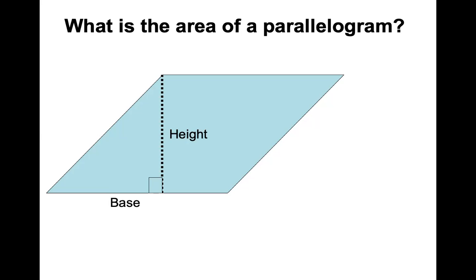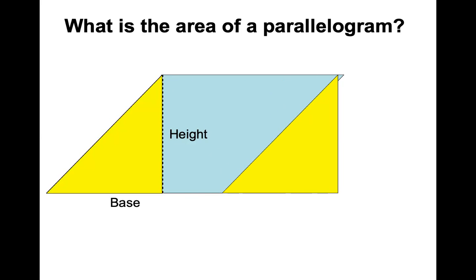What do you typically do with dotted lines if somebody gives you a worksheet? You cut along the dotted line. That's what I'm literally going to do. I'm going to take my scissors and cut this triangle off, and attach it to the other side. I'm going to cut that off, move it to the other side.